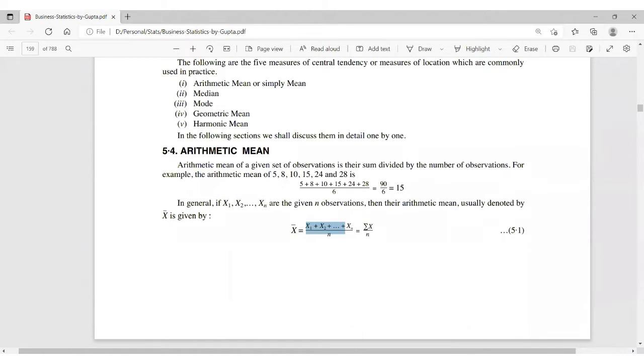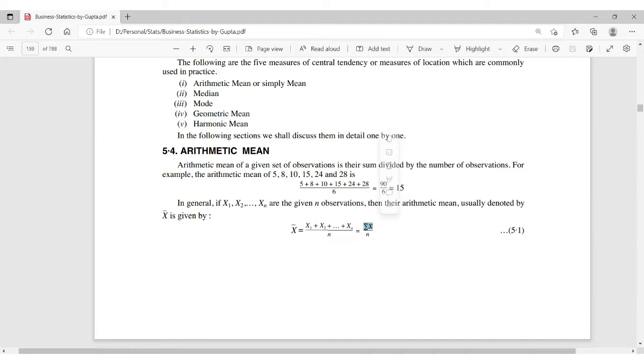One thing more. These x1, x2 up to xn, we write as summation of x. This is a sigma sign, a Greek letter sigma, so it denotes summation.